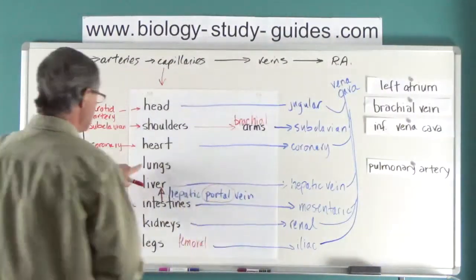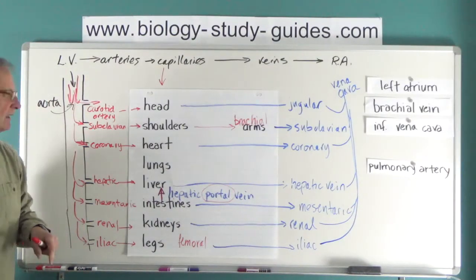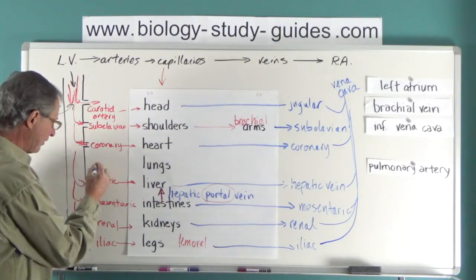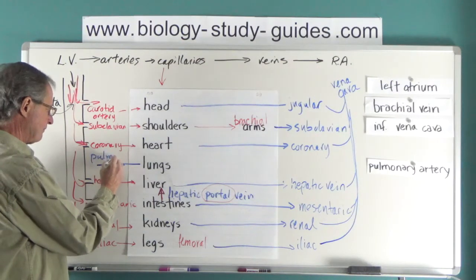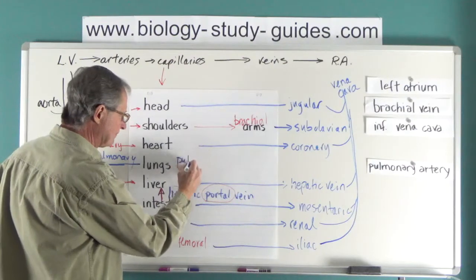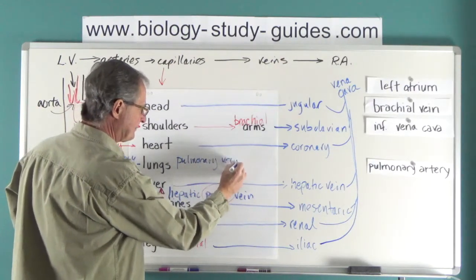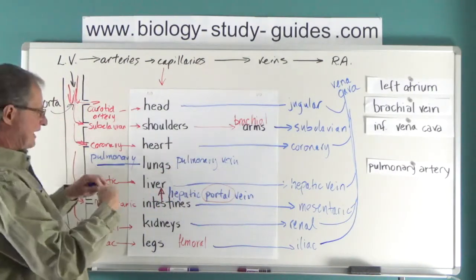The aorta doesn't take blood to the lungs. The pulmonary artery takes blood to the lungs. So this would be a misnomer in here. We do have a pulmonary artery here. And we have a pulmonary vein. But it doesn't come out of the aorta.